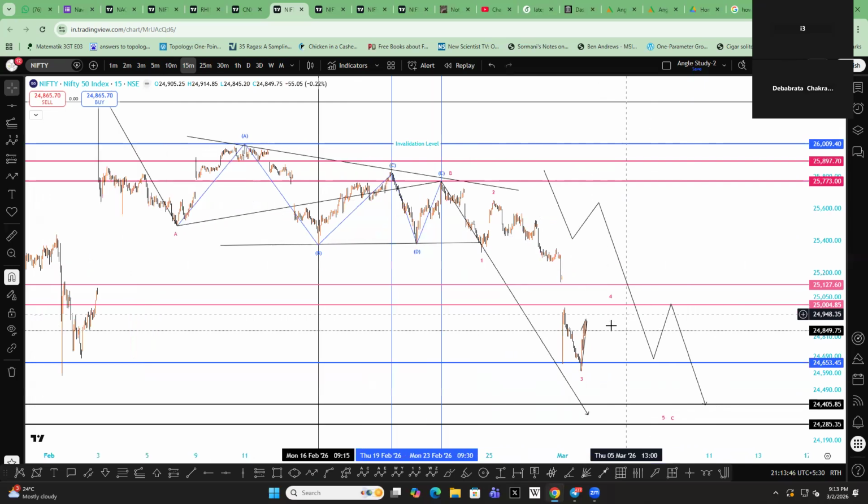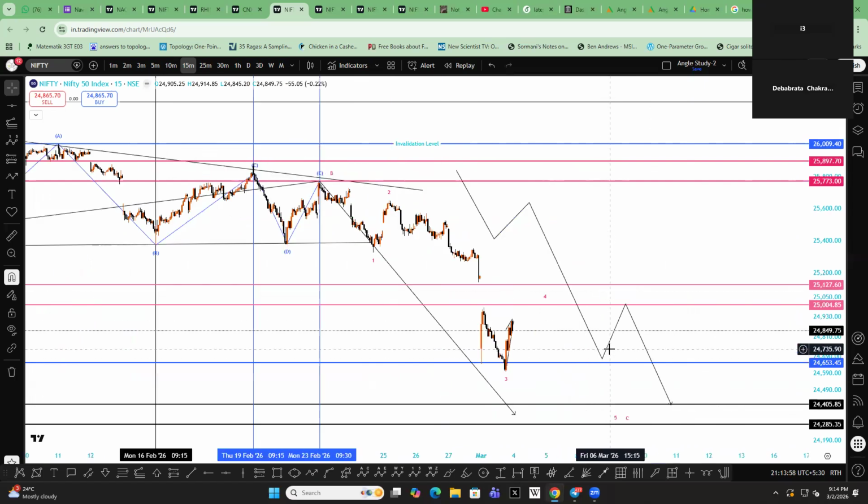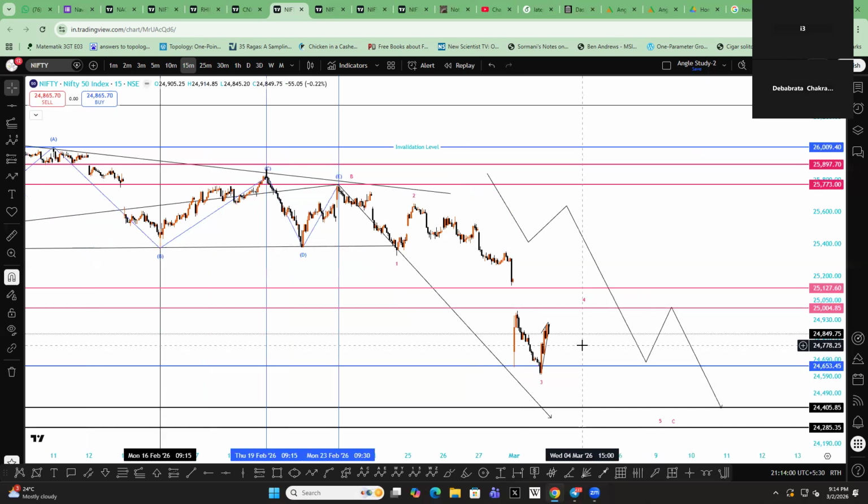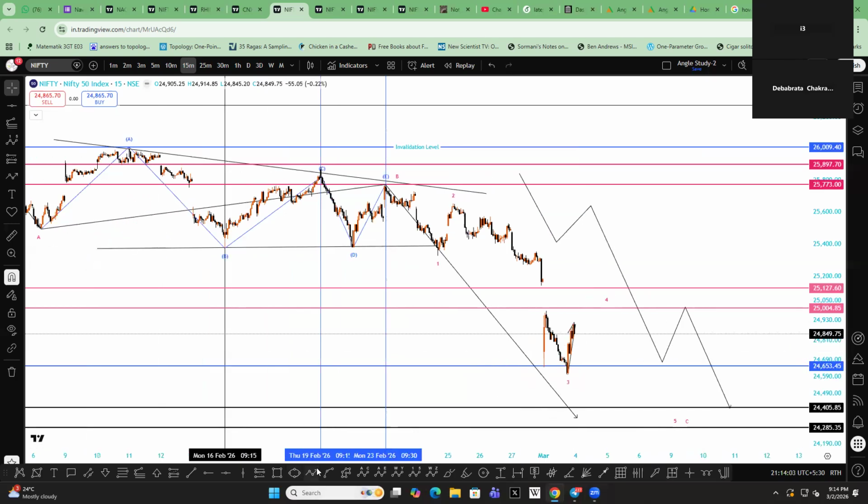So in that case, the immediate resistance is 25,000 to 25,127. This is the immediate resistance. The market should reverse from here, and these corrections should unfold like A, B, C, and then another low, minimum towards this point, that is 24,400 to 24,300.